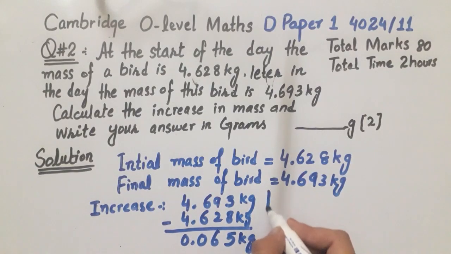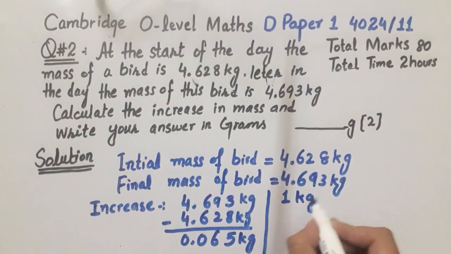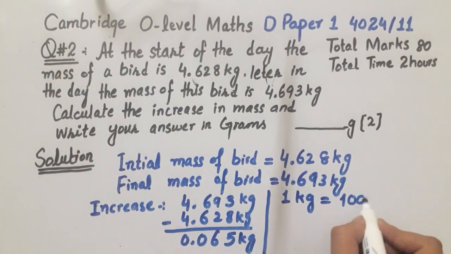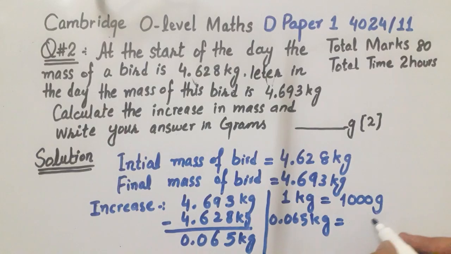Now you have to convert your increase in mass into grams. So you should remember that 1 kg is equal to 1000 grams. You have 0.065 kg. It means you will multiply this by 1000.